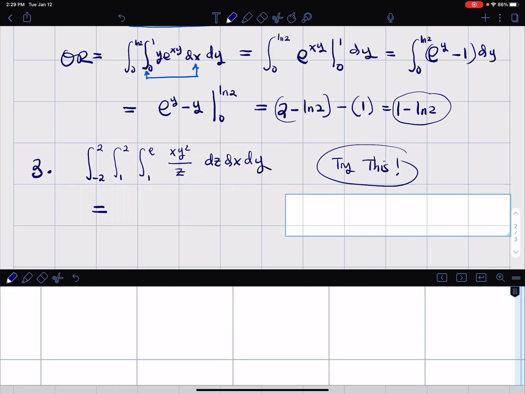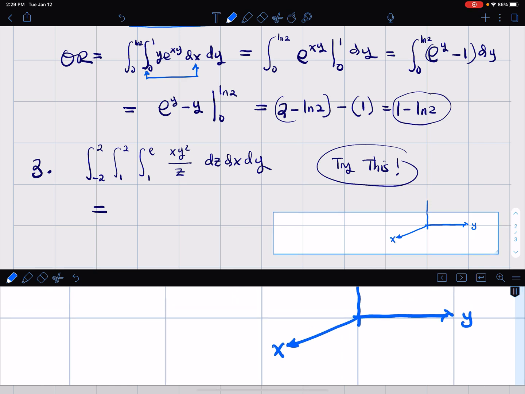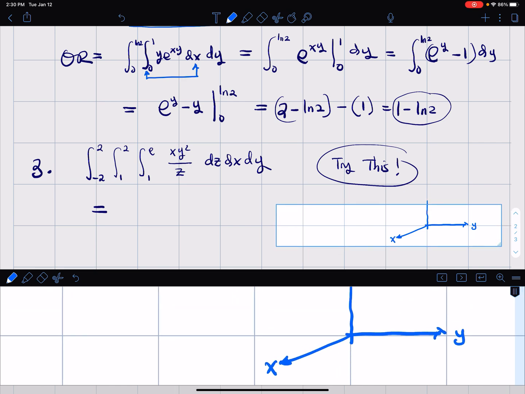So what's the region we're dealing with here? The region of our integration. Maybe this is y, this is z, this is x. So we're going y from -2 to 2, and then x from 1 to 2.